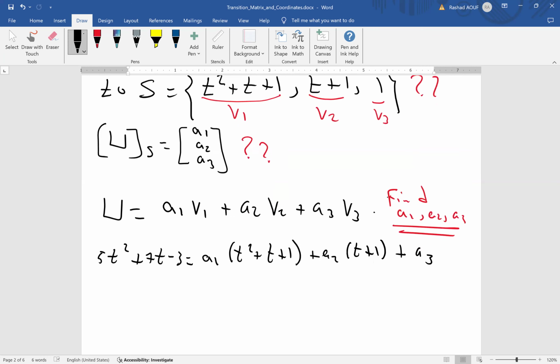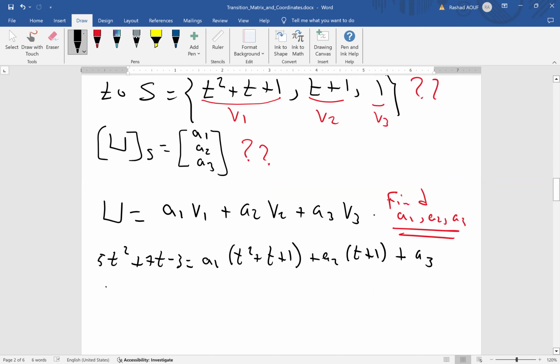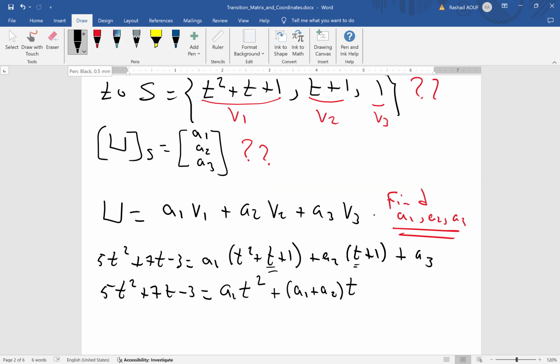Now we put t squared together, t together, and the constants together. So 5t squared plus 7t minus 3 equals: how many t squared do we have? Only one, a1 t squared. How many t do we have? One in here and one in here, so a1 plus a2 times t, plus a1 plus a2 plus a3. These are equivalent.